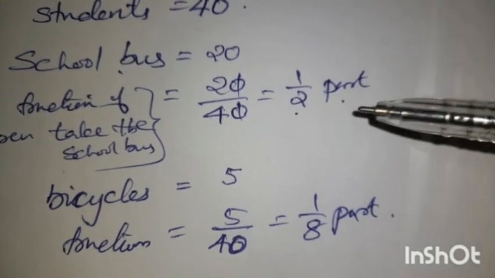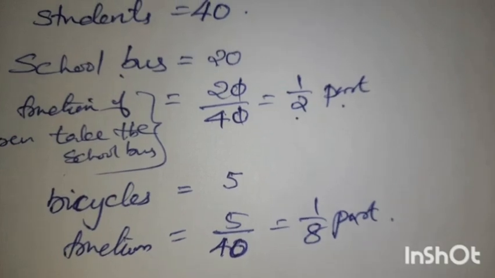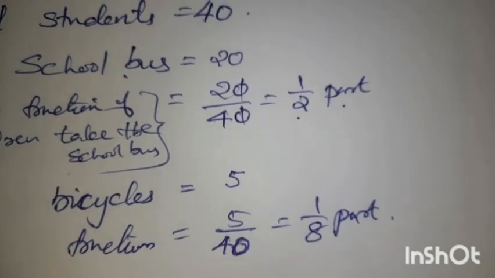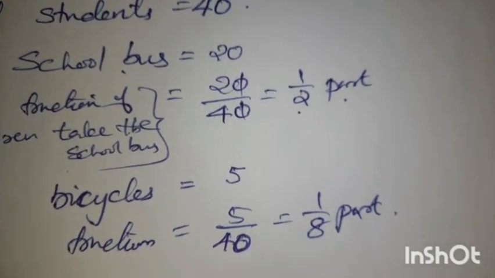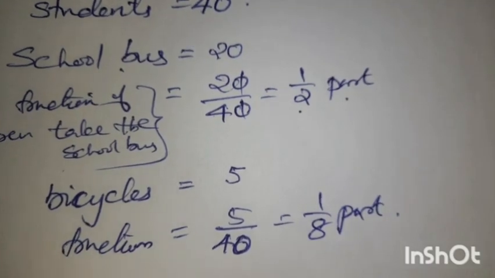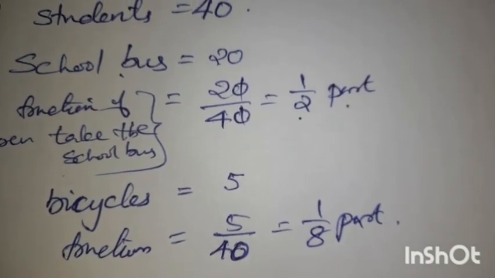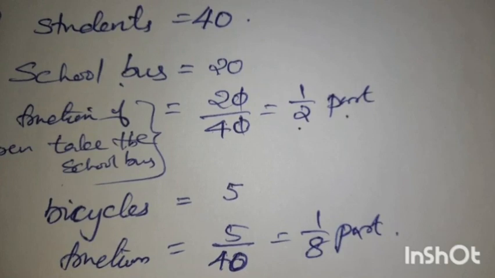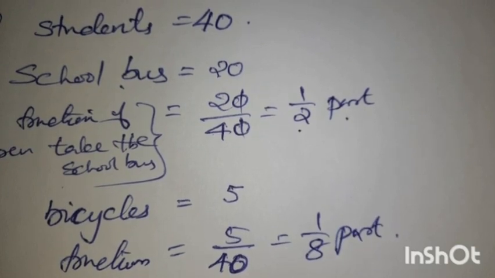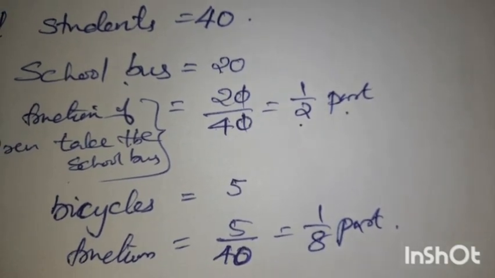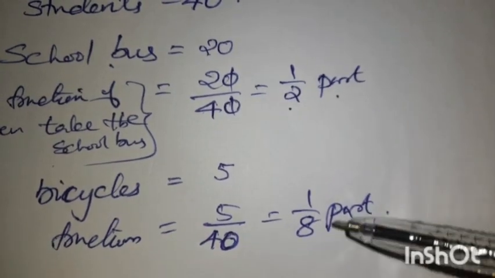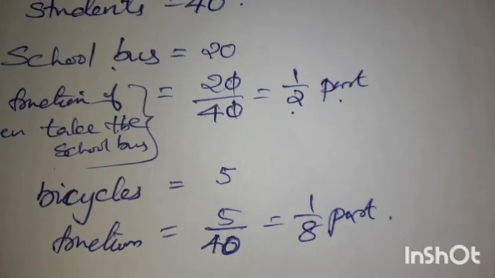If it is 1 by 2 part, you can draw the half portion. Okay, but 1 by 8 part you cannot draw directly. So instead of that we are finding out how much degree, how much is the angle. How much degree is this 1 by 8th part?